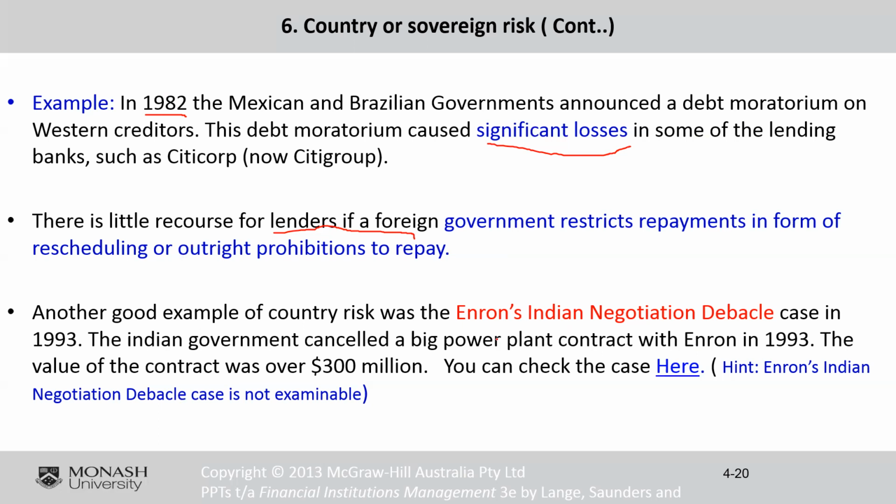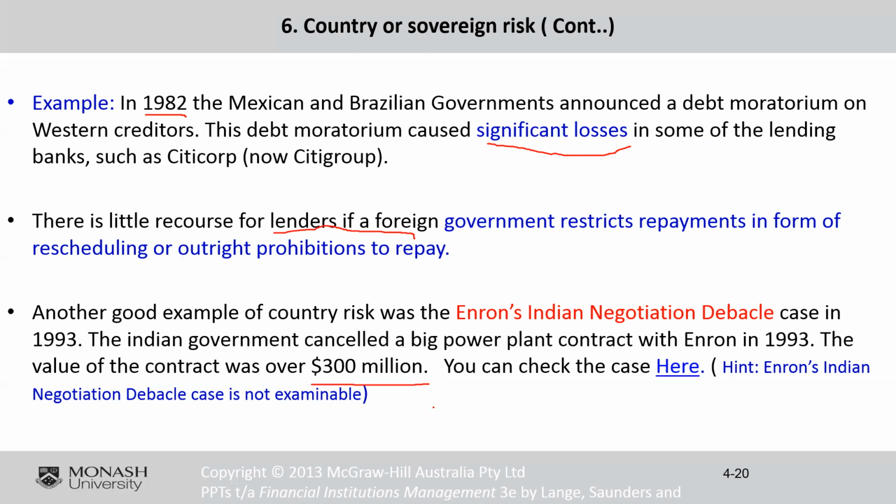And then in 1993, a new government came to India, and the legislators and the politicians thought that the contract should not be done, and that Enron, which is an American company, should not continue in these power plants. So they think the Indians are actually able to do it. So the Indian government canceled the contracts, and there were losses to the Enron company.